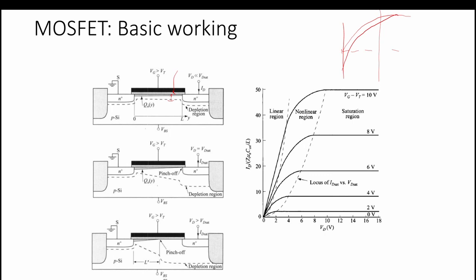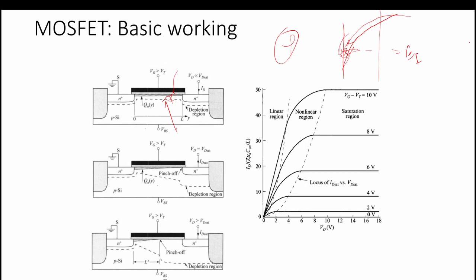When we apply more and more positive voltage, there will be more band bending at the interface of the semiconductor and the oxide, or the dielectric. There will be more and more electrons at the interface, and these electrons create the channel in between the source and drain.